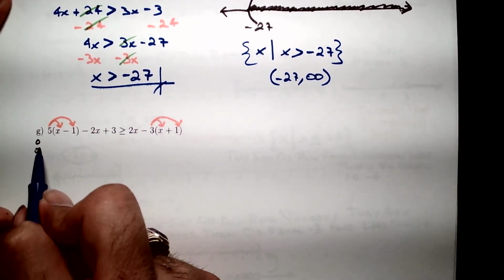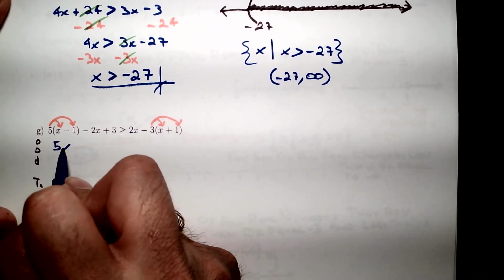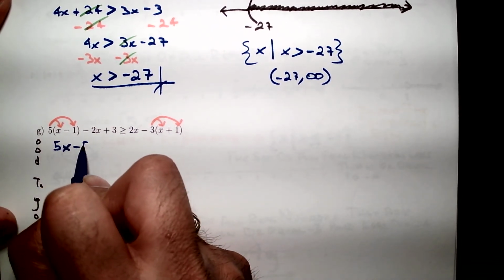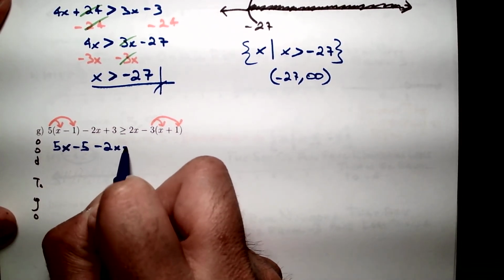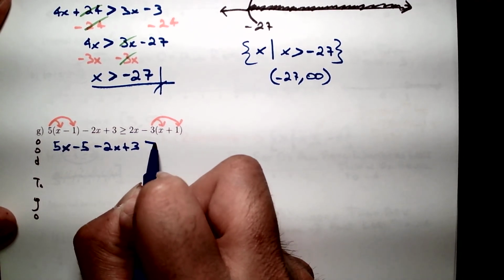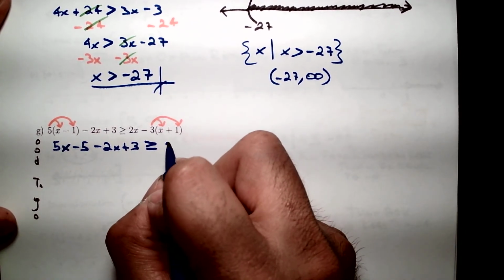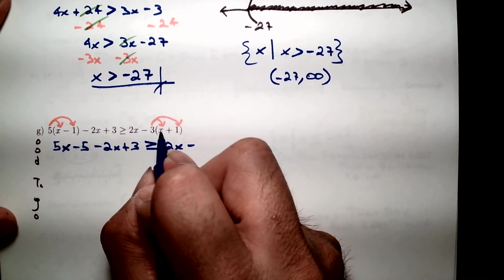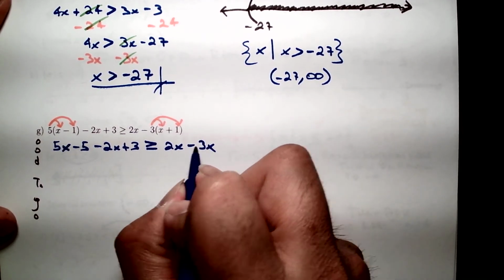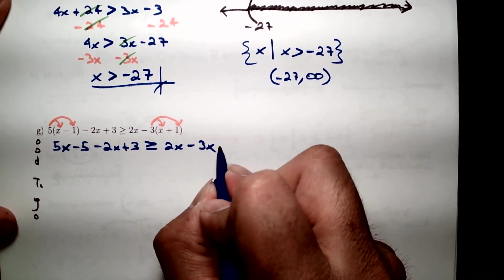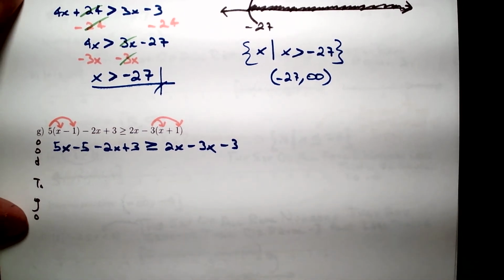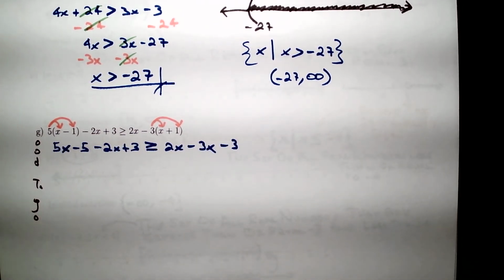That's going to give us 5x minus 5 minus 2x plus 3 greater than or equal to x minus 3 times x, which is 3x, and then minus 3 times 1, which is negative 3. All right. Okay, from here we have a bunch of terms in here. So let's combine like terms.